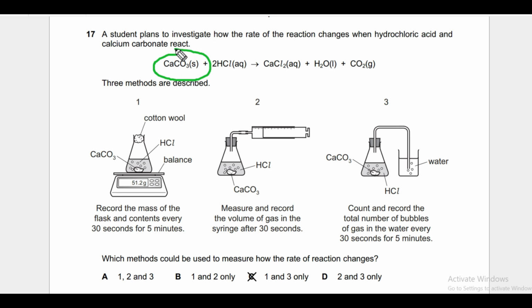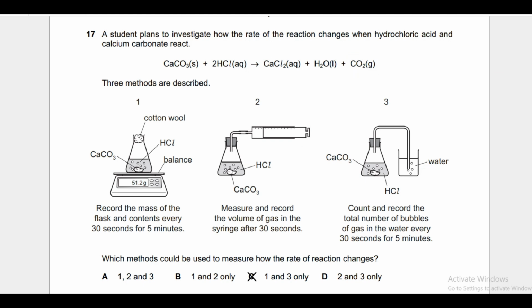At a certain time the mass of the container will decrease because carbon dioxide gas will escape. This is one method. Other method, if you count bubbles of carbon dioxide gas after a certain time, you can measure the rate of reaction. Another method is measuring the volume of gas at regular times.